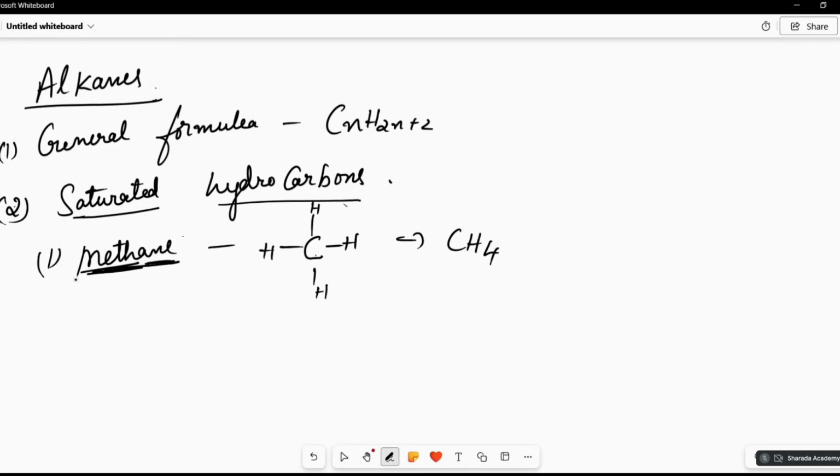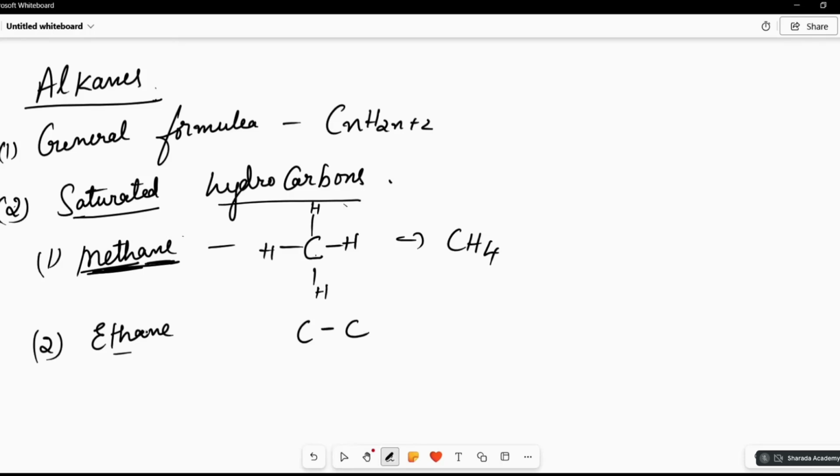Okay. A second one, it is ethane. Ethane means it will have 2 carbon atoms. Eth indicates 2 carbon atoms. Wherever you observe, like ethanoic acid, somewhere we studied, right? There also, it has only 2 carbon atoms.